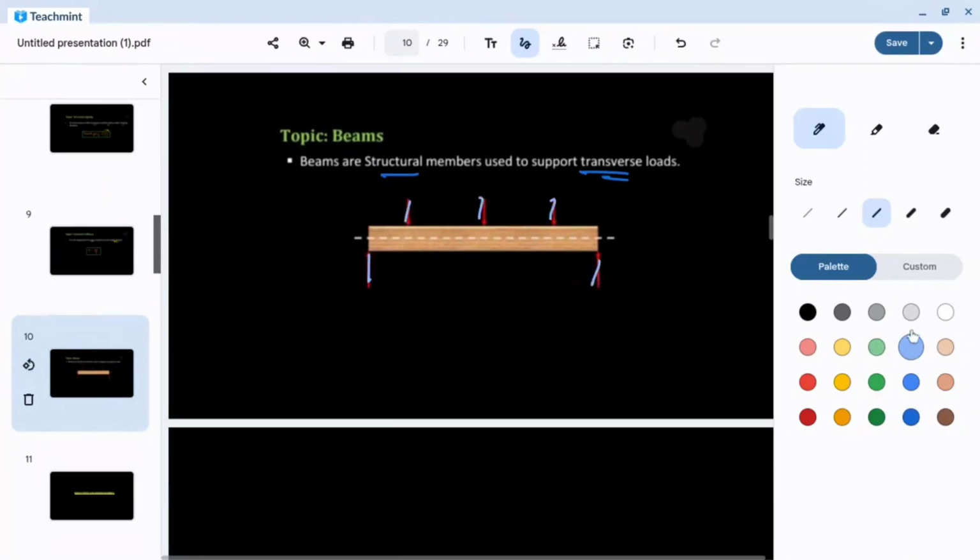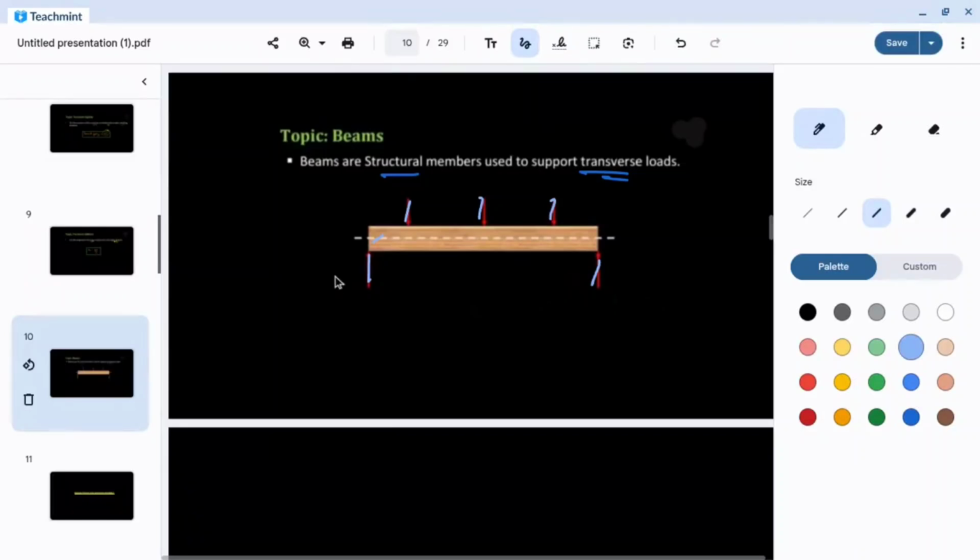Any structural member that supports transverse load, as opposed to a column, is called a beam. How many types of beam are there?